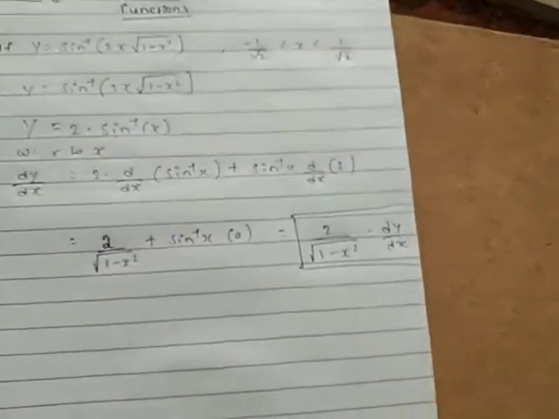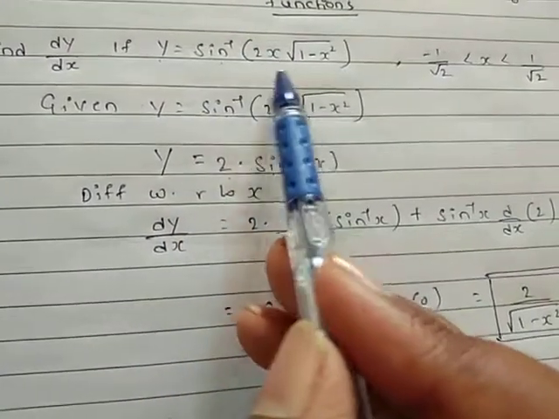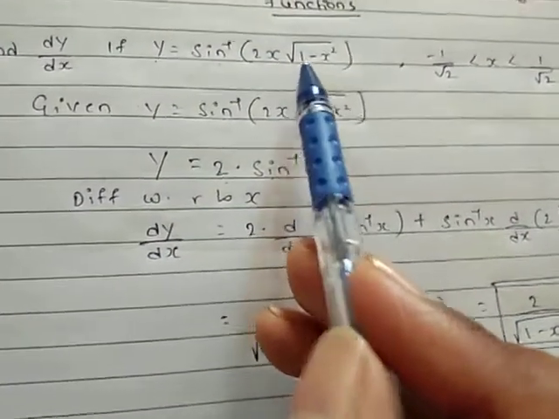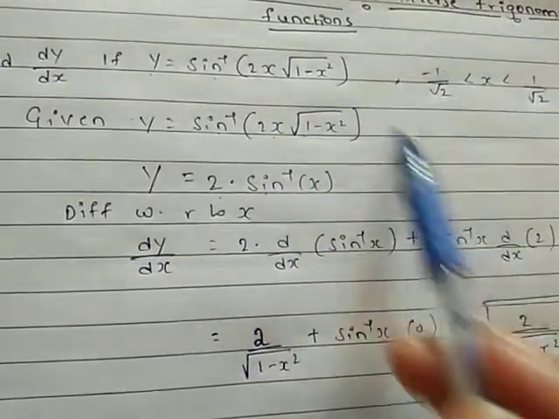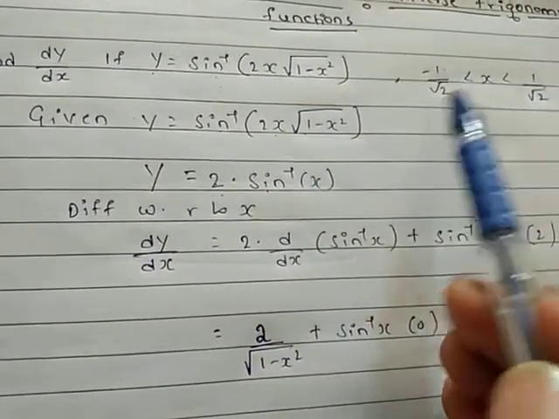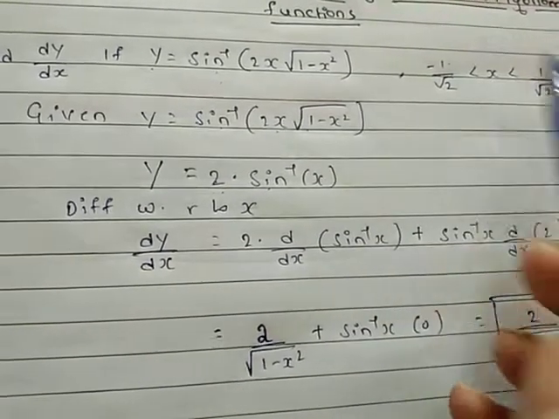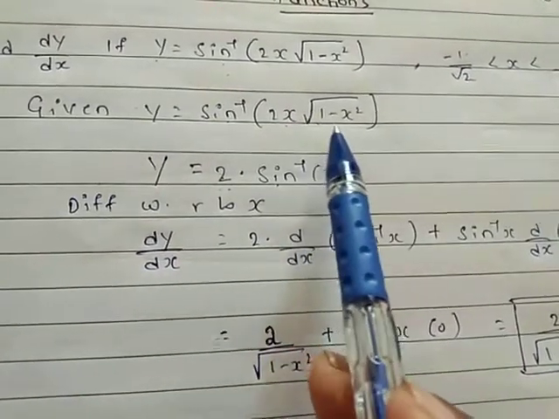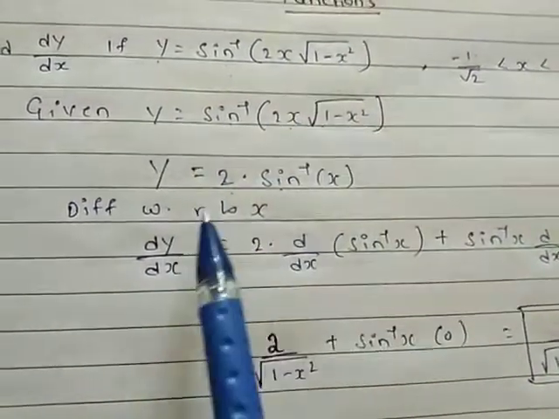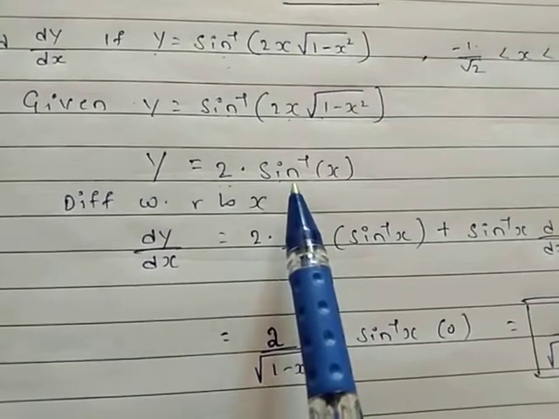Observe carefully again. The given function is y is equal to sine inverse of 2x into root of 1 minus x square. They have given a condition that this function has the domain minus 1 divided by root 2 to 1 divided by root 2. Under this domain, sine inverse of 2x into root of 1 minus x square is nothing but 2 into sine inverse x. We derived this function in chapter 2.